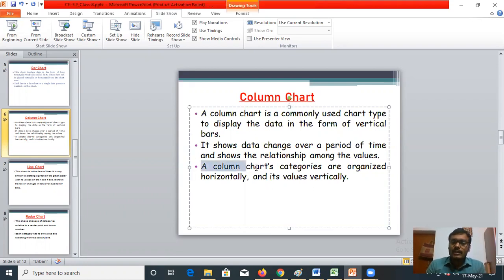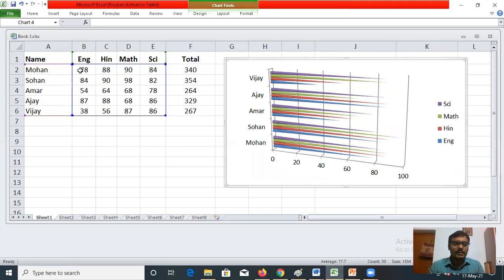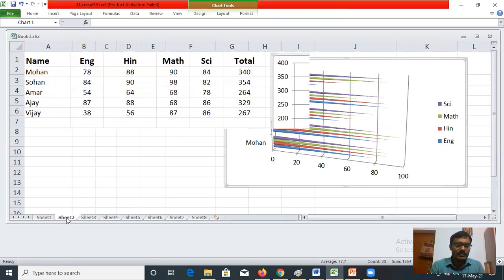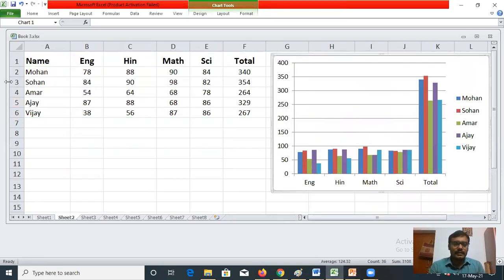Third point, a column chart's categories are organized horizontally and its values vertically. Its values are displayed vertically and it is organized horizontally. You can see the example, children. This is sheet number 2 and the data is the same, but I have created the column chart in this sheet.